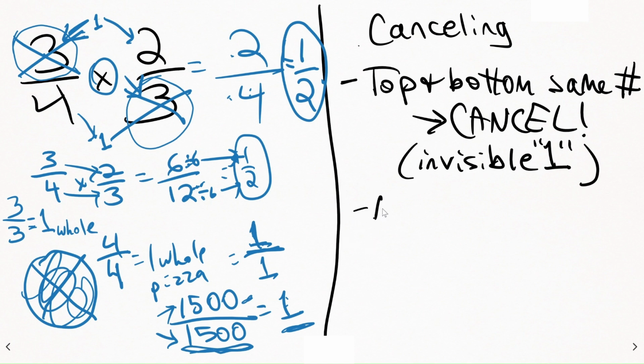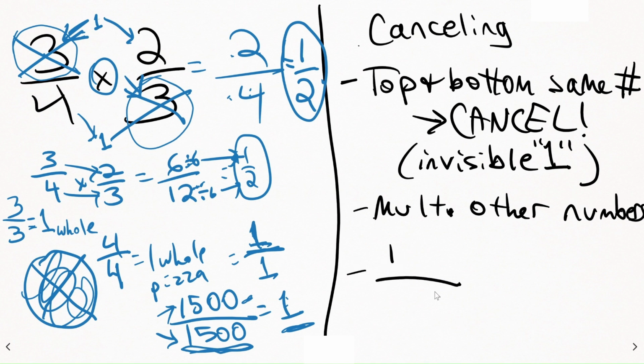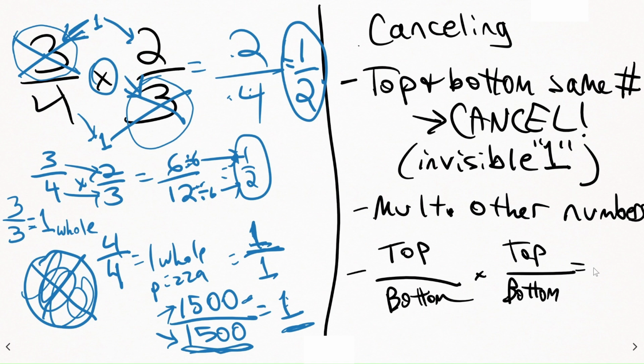So just multiply the other numbers. So if you have here times here, top, bottom, top, bottom, top times top, bottom times bottom.